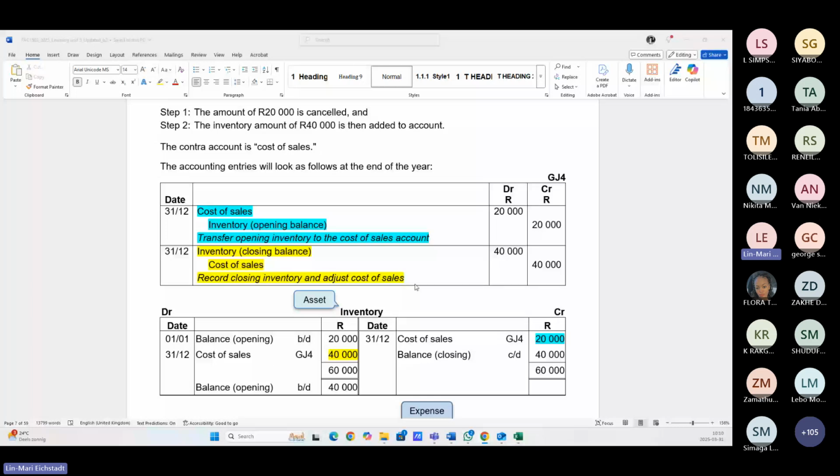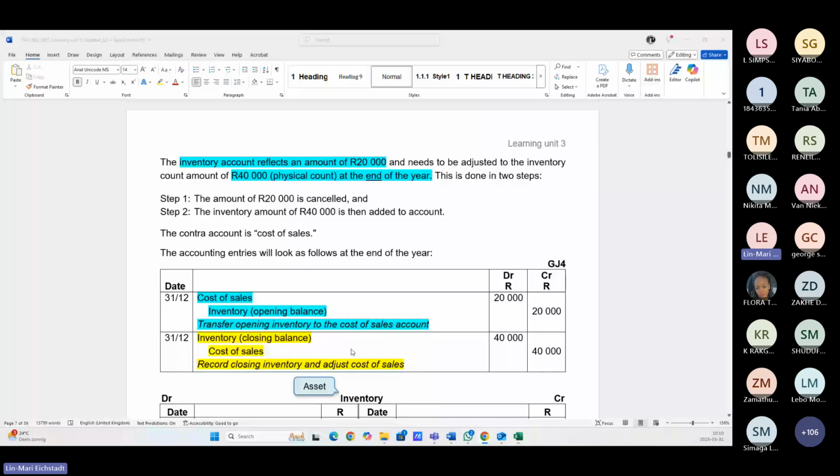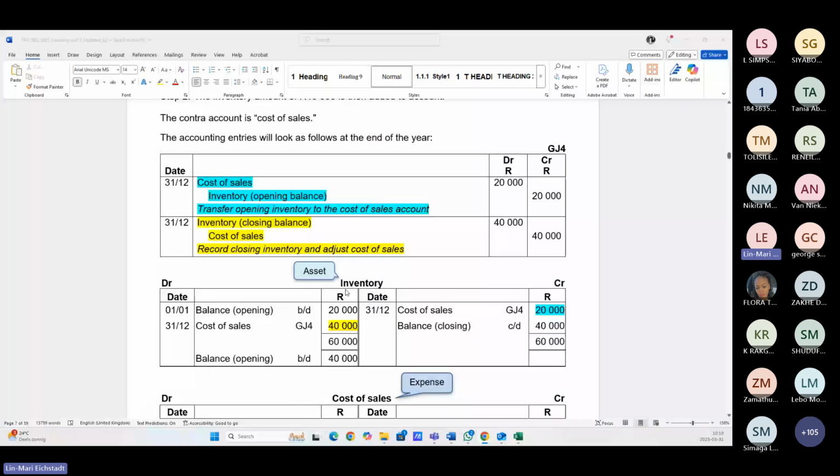So what we said is we had an inventory account with an opening balance of 20,000, and we need to adjust that in some way to show our physical inventory count so that at year end, our closing balance of our inventory account would be 40,000 Rand. And the way to do that is in these steps. So we have our opening balance of inventory.